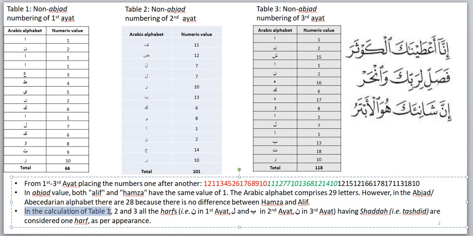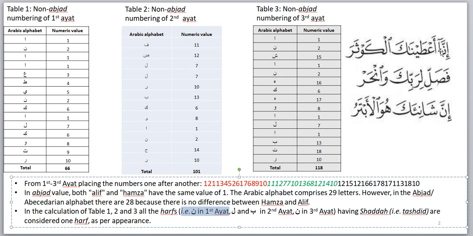In the calculation of tables 1, 2, and 3, all harfs having shadda are considered one harf as per appearance. That means in the first ayat we have noon with tasdeed or shadda in a'atayna kal-kawthar.